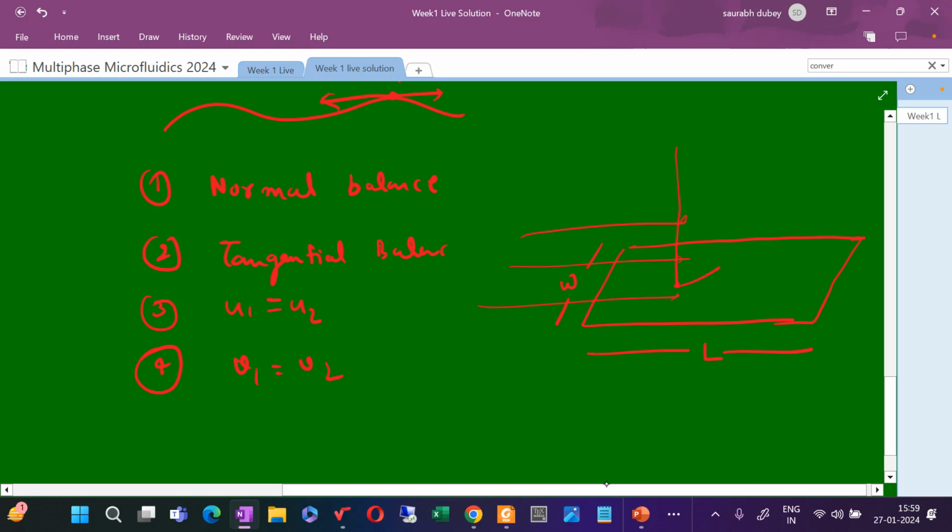This is the open channel flow, and here the boundary layer is forming. So in this case, how is the Reynolds number defined?